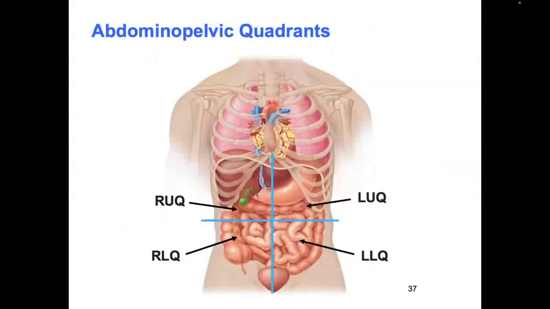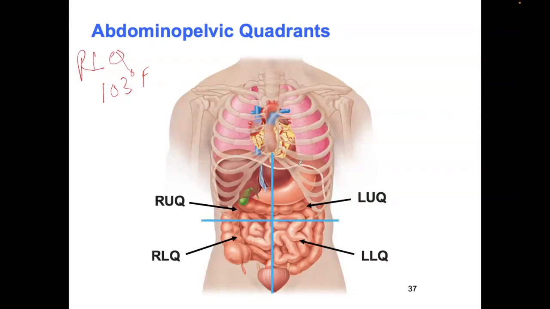And when we look at the different organs, we can see the green organ right here is the gallbladder. That's in the right upper quadrant. So we can see that the small intestine is in all the quadrants, and even the large intestine is in all the quadrants. But let's say someone came in with right lower quadrant pain, a 103-degree fever, and feeling nauseous, right?